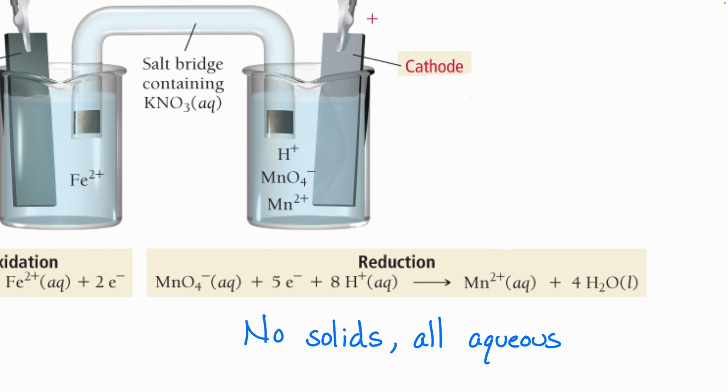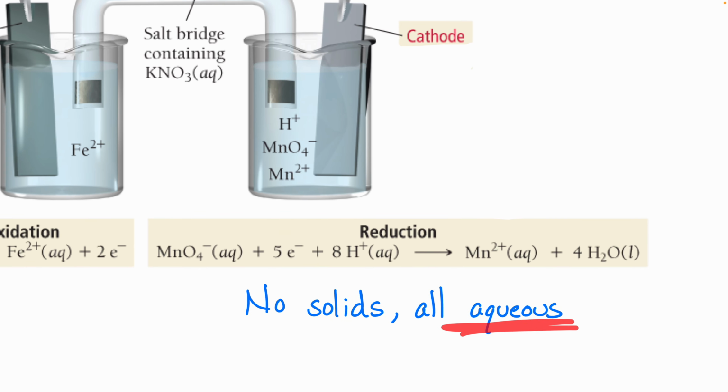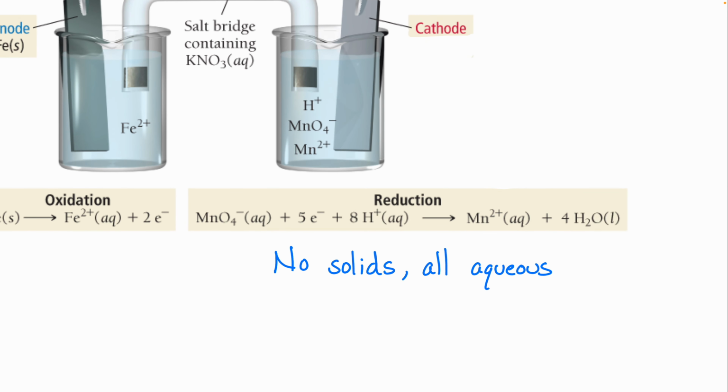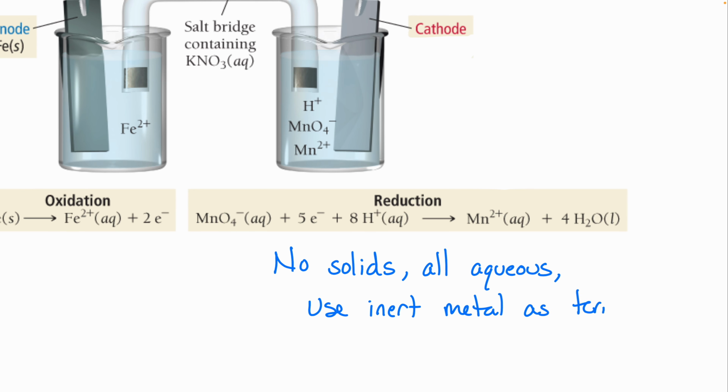Well, importantly, all that hunk of metal in that solution is really doing is helping deliver the electrons from the anode into that solution so that they can react with those permanganate ions. So it doesn't actually need to be a participant in the reaction. In this case, where we have all aqueous components in our half reaction, we're going to use an inert metal as our terminal material.